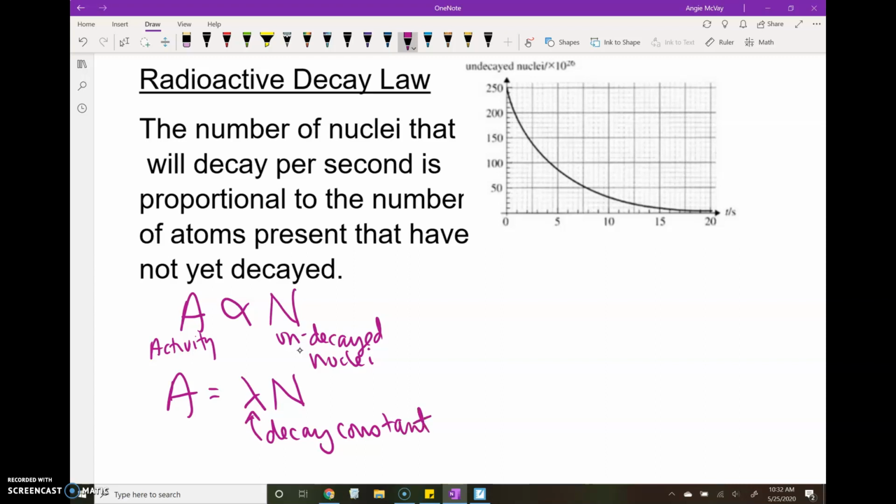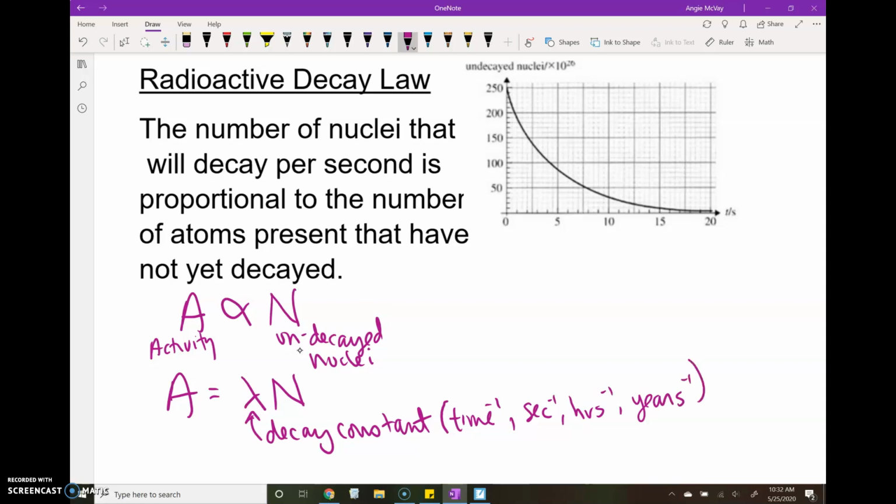And the decay constant is in a unit of 1 over time. So it could be time to the negative 1 power, could be in units of seconds to the negative 1 power, hours to the negative 1 power, years.